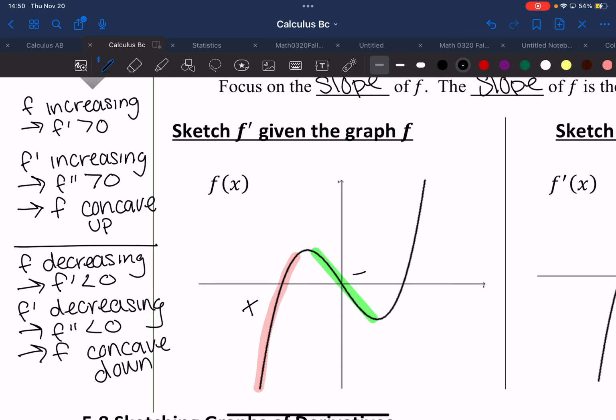Negative. And then the last part? Positive. What about at each of the peaks and valleys? 0. So right here and right here are going to be 0 at the first derivative, because that represents the slope at that point.